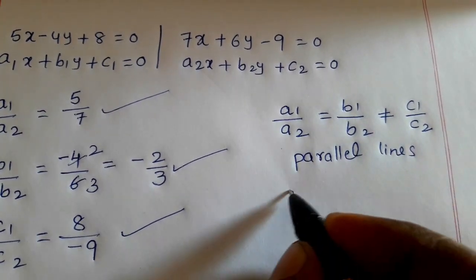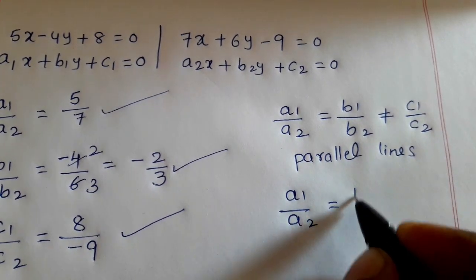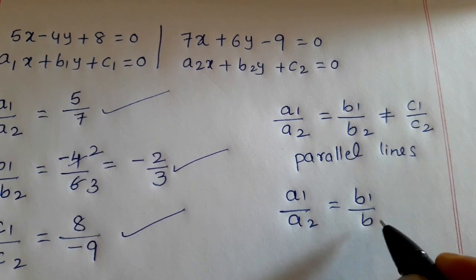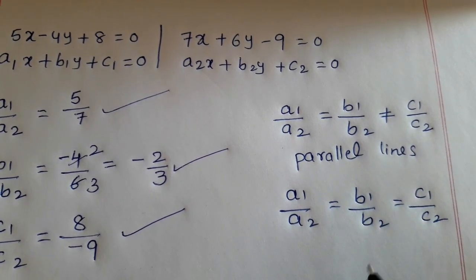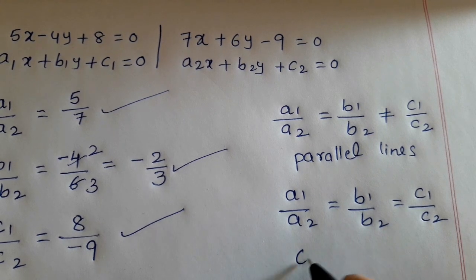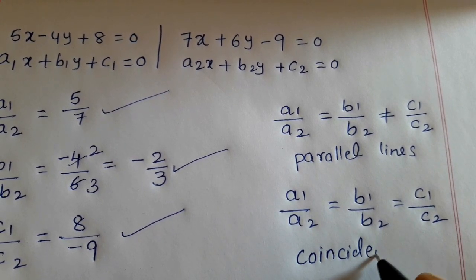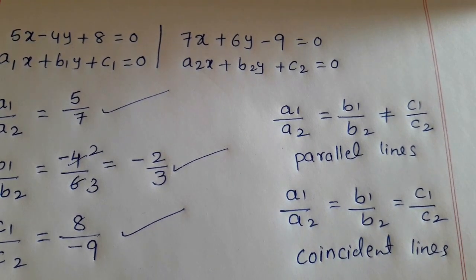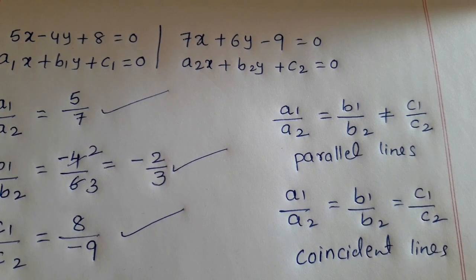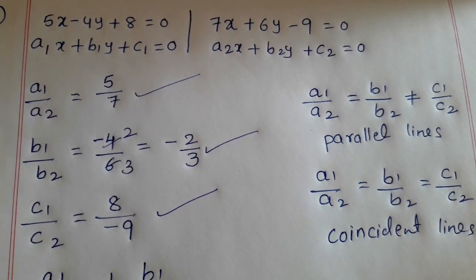If all the three are equal, a1 by a2 is equal to b1 by b2 is equal to c1 by c2, then they are called coincident lines.